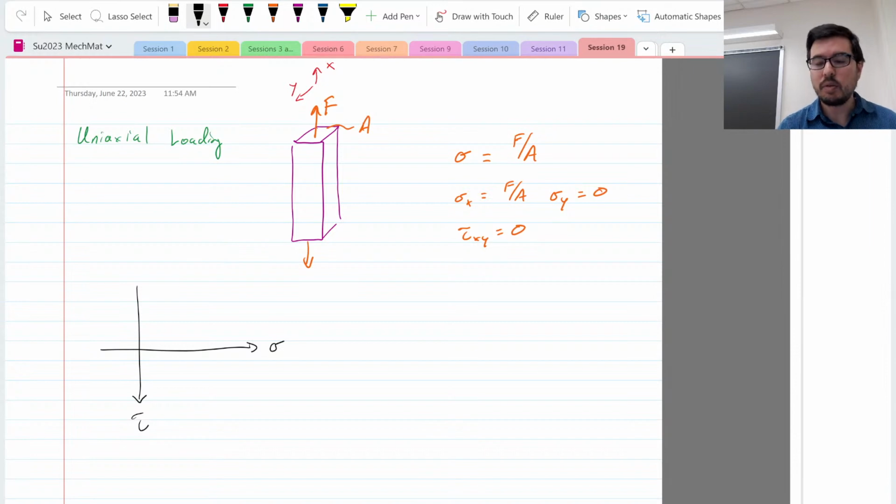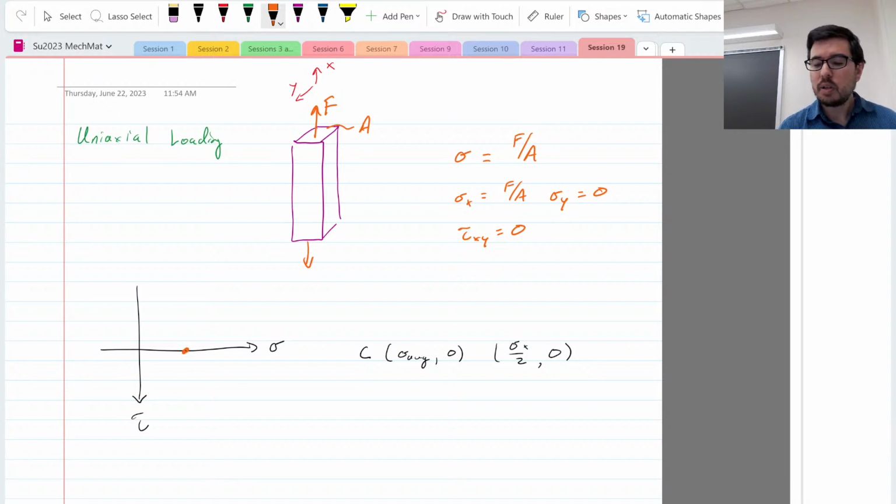Where's the center of the circle? The center is at sigma average, comma 0. That's where the center is. So it's actually going to be at sigma x over 2, comma 0. So let's just put it here, for example. So we'll put the center right there.